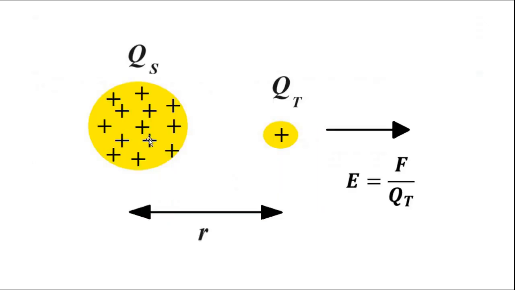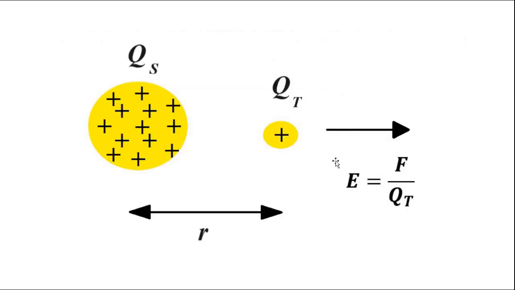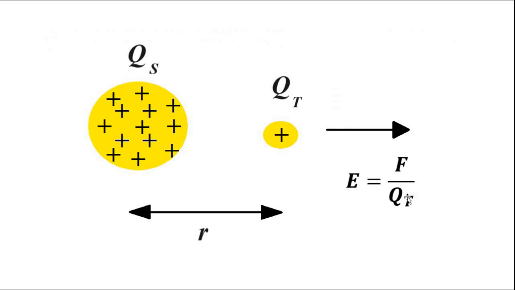So the force produced due to the bigger charge Qs, which is called the source charge, will be 1 by 4 pi epsilon 0 Qs Qt by r square, same as Coulomb's law. But if we want to determine the electric field at this point, then we simply divide this whole Coulombic force by the test charge Qt.